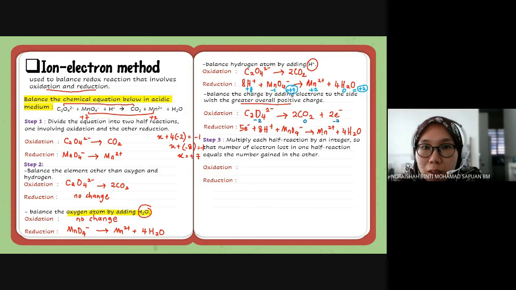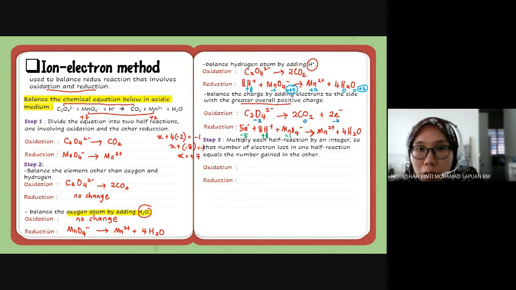Okay, so bila you nampak dekat sini, bila you balancekan semula dia punya charge, you akan dapat charge kiri dan charge kanan dah sama lah. Dah sama, which is positive 2. Okay, dekat sebelah kanan memang stay positive 2. Yang sebelah kiri ni bila you kira semula, you akan dapat positive 2. So ni negative 5. Okay, 5 darab negatif 1 is negative 5. So 8 darab positif 1, positif 8. And then 1. Yang ni total keseluruhan ni negatif 1.